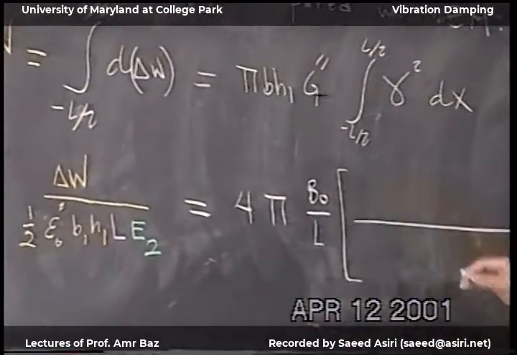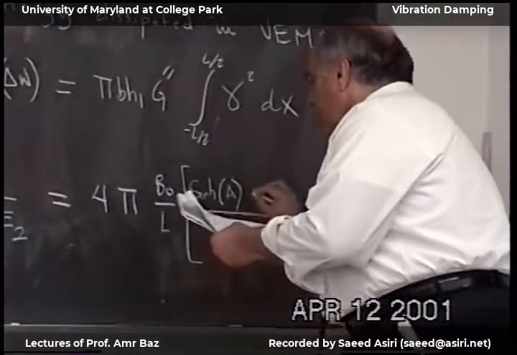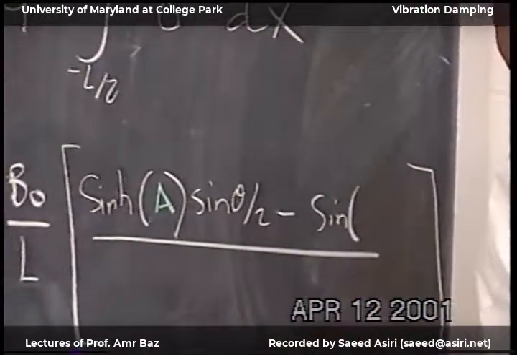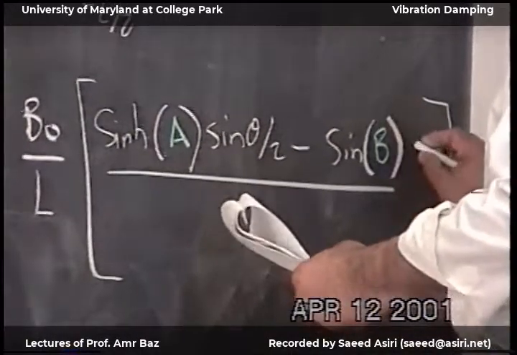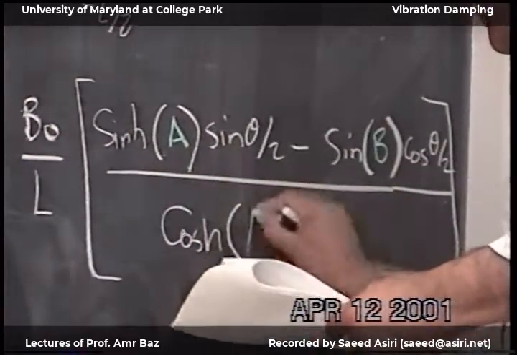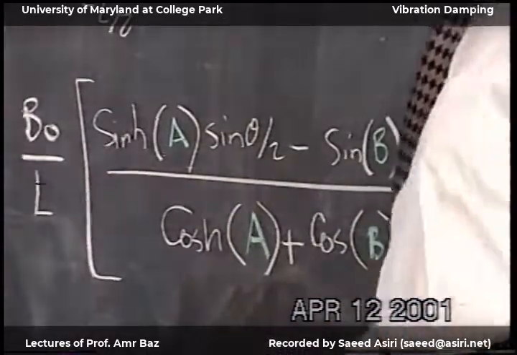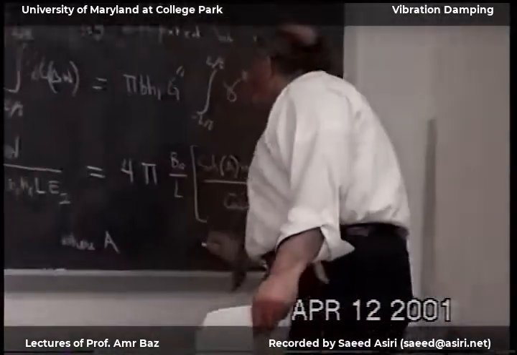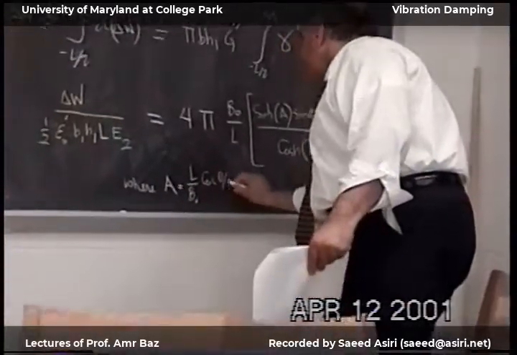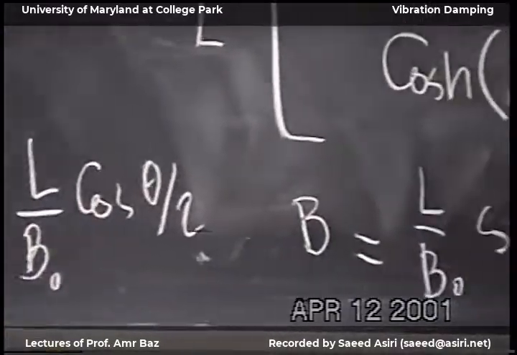Then here I'll condense it in this form: sinh variable A sin theta over 2 minus sin variable B cos theta over 2, and then divided by cosh A plus cos B, and here is where the A and the B are L over B0 cos theta over 2, L over B0 sin theta over 2.